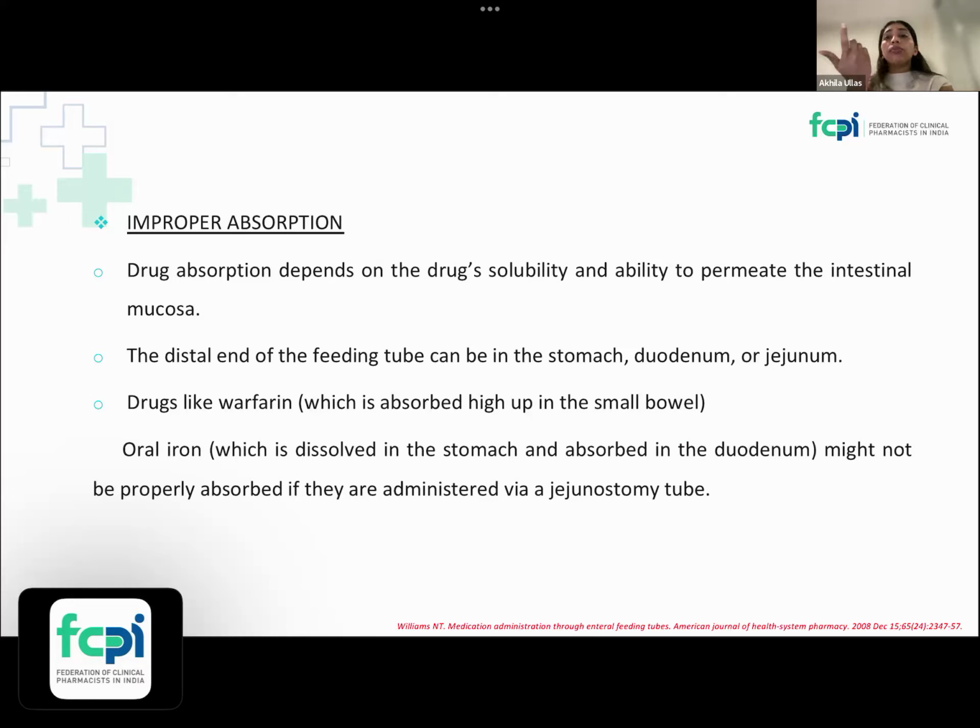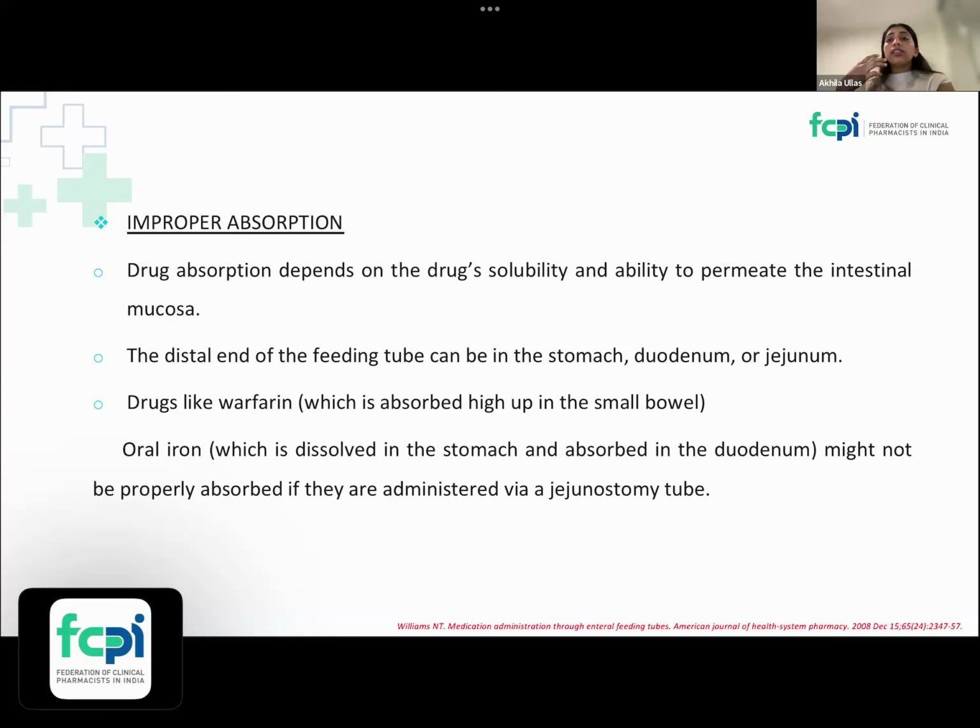And improper absorption: drug absorption depends on the drug's solubility and ability to permeate the intestinal mucosa. The distal end of the feeding tube can be in the stomach, duodenum, or jejunum. Drugs like warfarin are absorbed highly in the small bowel.